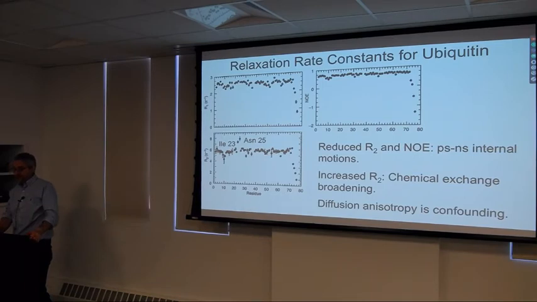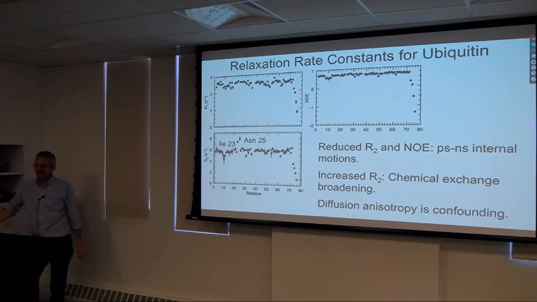One thing that can be tricky just with these data alone is the question of diffusion anisotropy, because if the protein isn't a sphere, R2 will depend on whether the NH bond vector points along a long axis or short axis of the diffusion tensor.